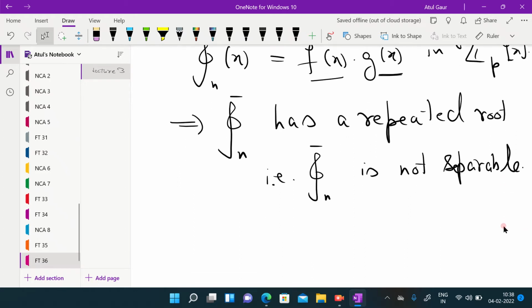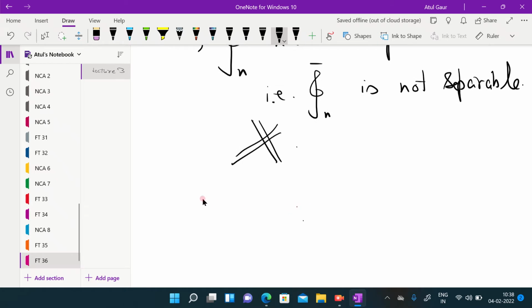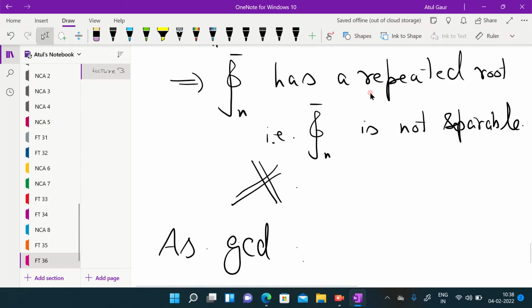But this is something wrong. This is wrong. Why is it so? Because phi n bar is not separable, and the point is, phi n bar is a factor of x^n minus 1. Is that fine? Just let me introduce one more step, then we'll come back.